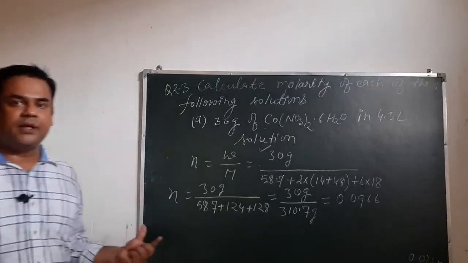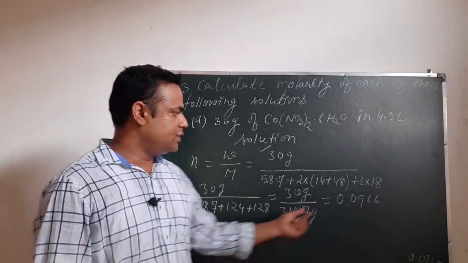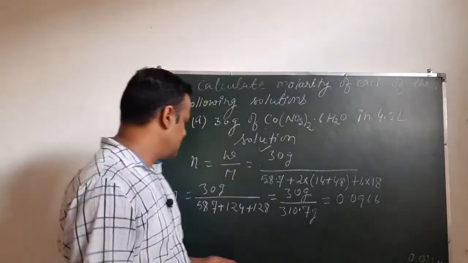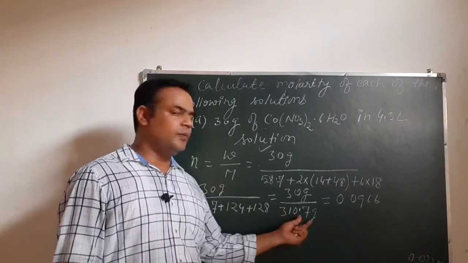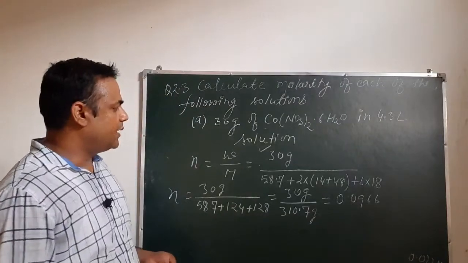So here we have determined the number of moles. Number of moles is coming 0.0966 and the molar mass of cobalt nitrate hexahydrate is 310.7 gram.